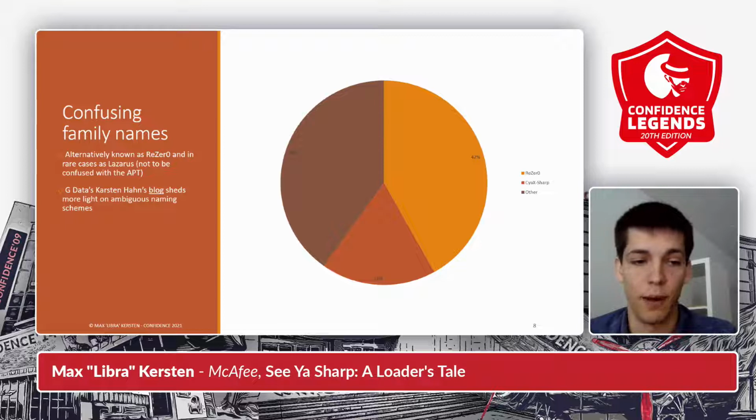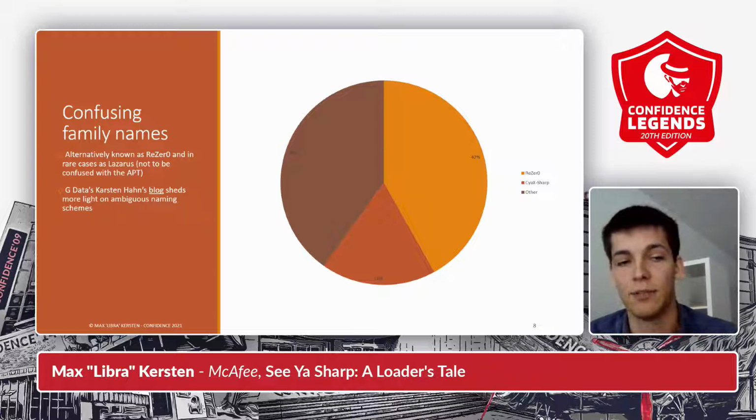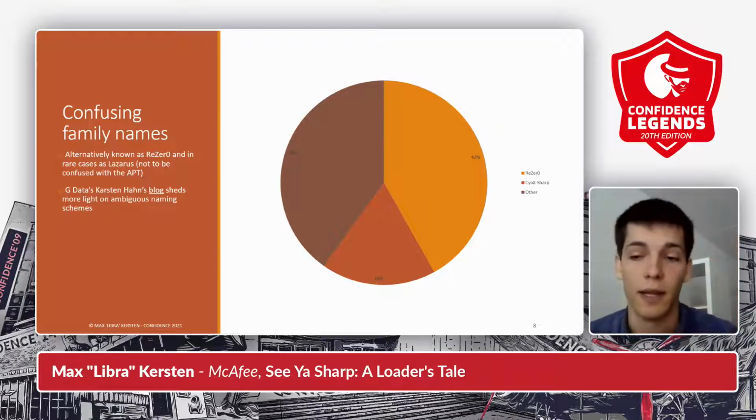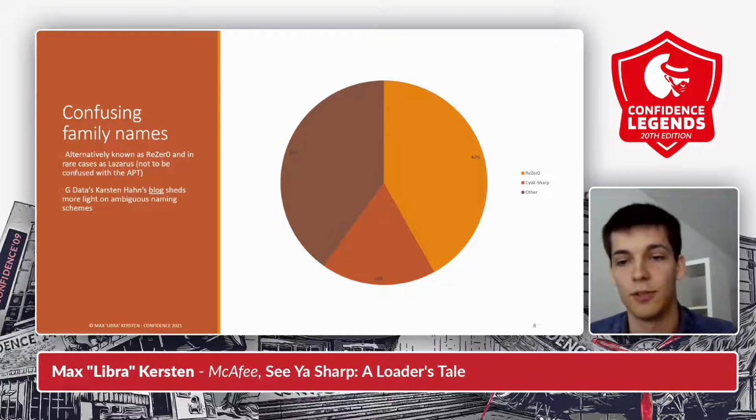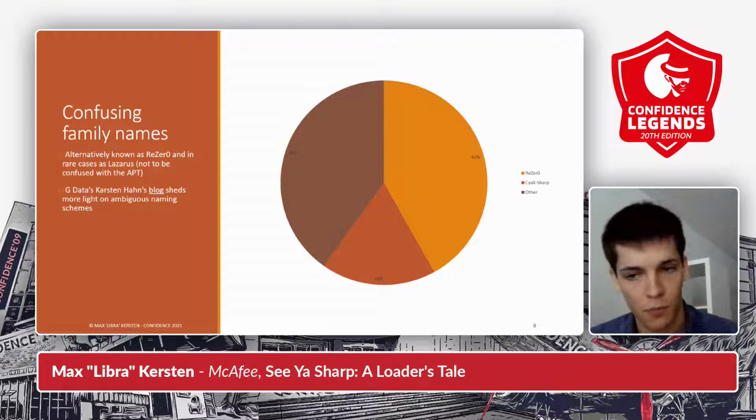There's a great blog by GData's Kersten, who sheds light on ambiguous naming schemes for malware, and also provides several potential solutions for what we as an industry can do. But I found it interesting to see that the names that were used were different, even though ReZero has a higher share, so to say, based on the total amount of samples.